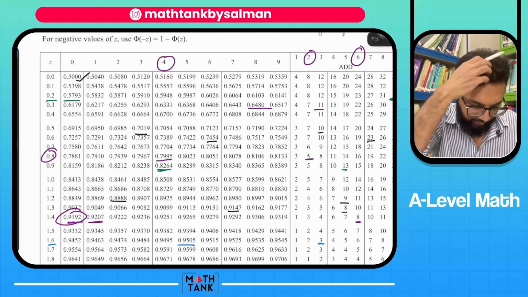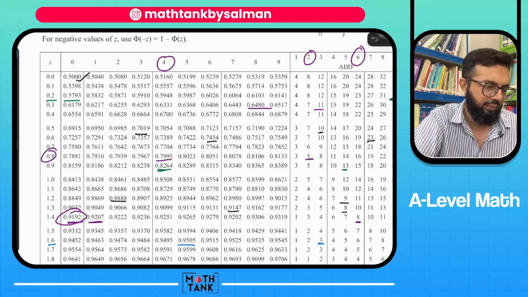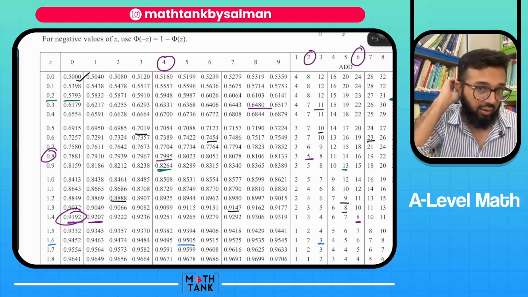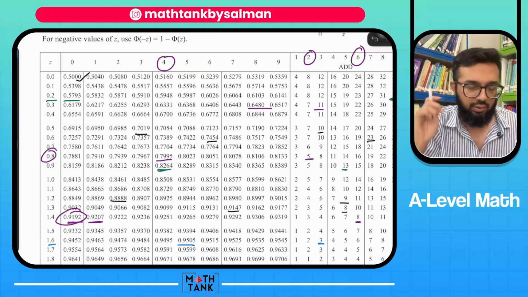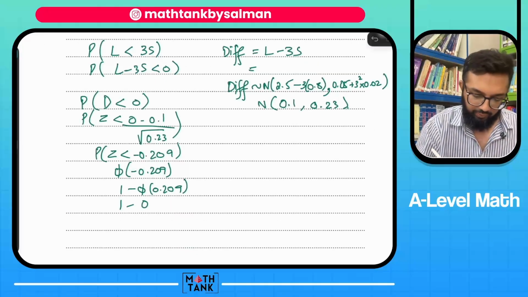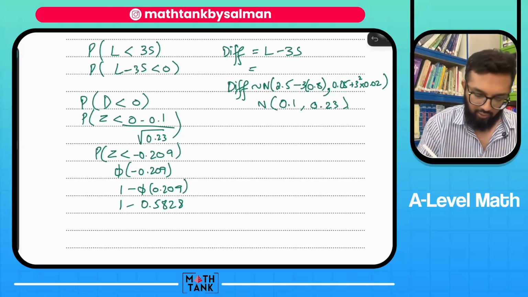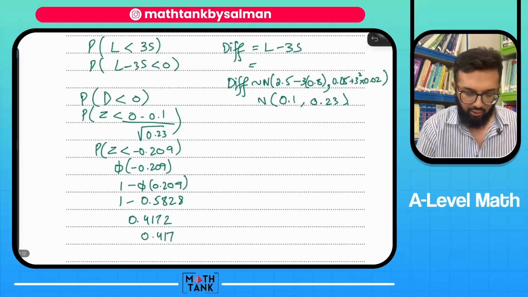Okay, so 0.5793 plus 0.0035 is 0.5828. I don't know if that's correct. So 0.4172. So 0.417 should be my final answer.